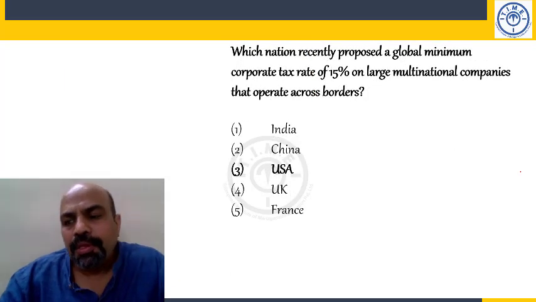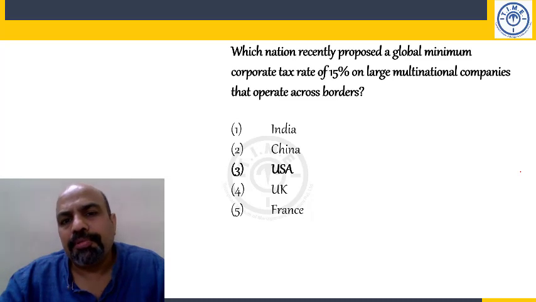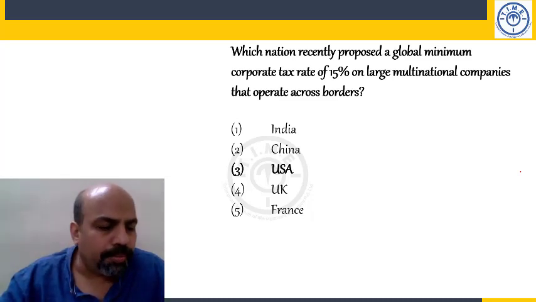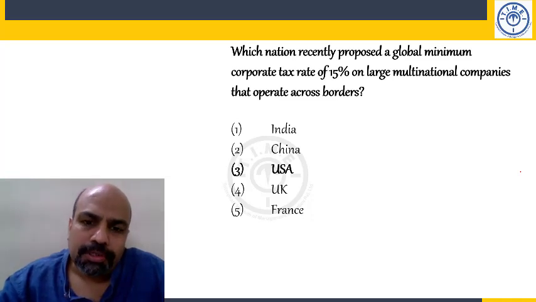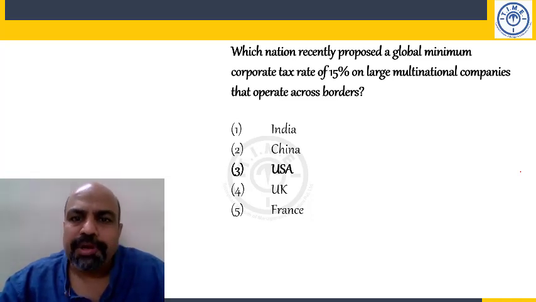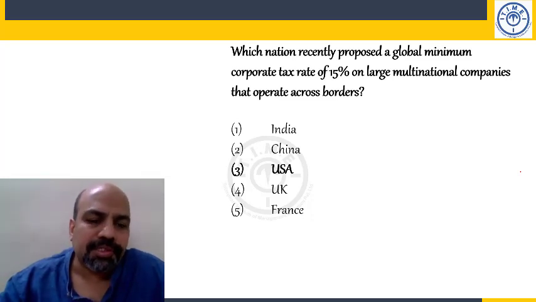Next. Which nation has proposed a global minimum corporate tax rate of 15% on large multinational corporations that operate across borders? The United States. See, you could write this point.